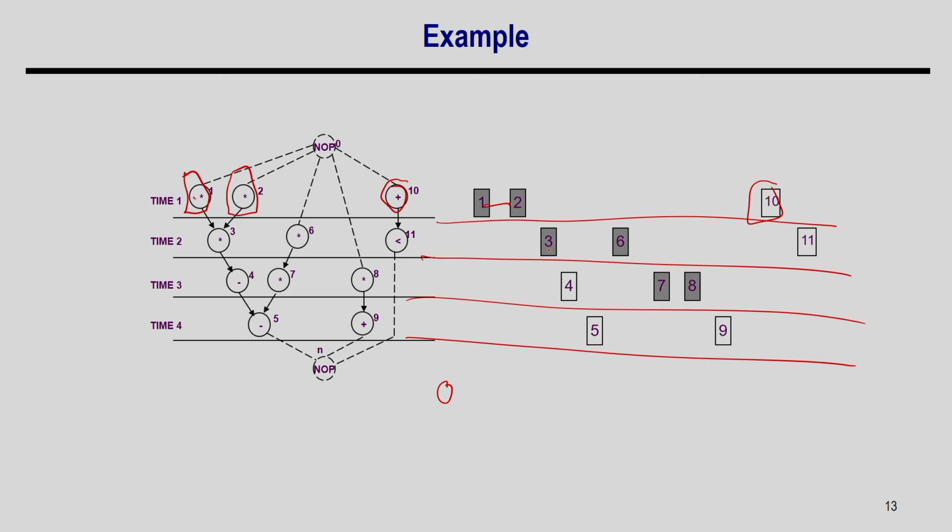If I construct the conflict graph here, say for multipliers, this is 1, this is 2, this is 3 and this is 6, because I have only multipliers 1, 2, 3, 6, 7 and 8. The rest of the operations are ALU, so I am not going to consider them. So, 1 and 2 are conflicting, 3 and 6 are conflicting, and 7 and 8 are conflicting.